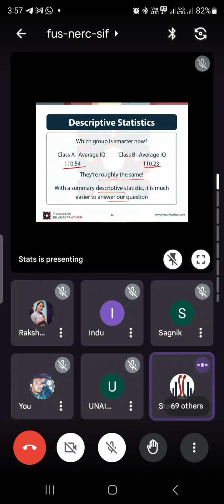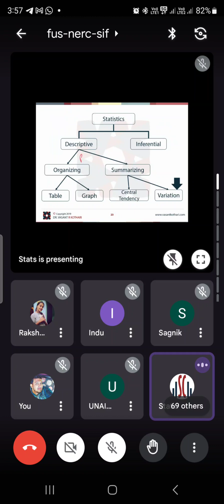Now in organizing the data, the moment we get the raw data, the first thing we need to do is organize the data. The second thing we need to do is summarize. In summary, we saw the central tendency, where we need to find one value, the center of the data.